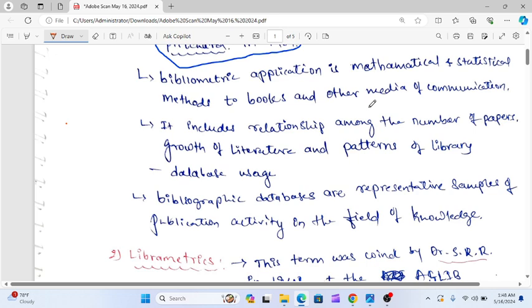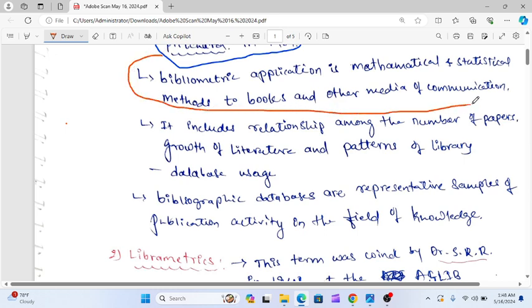Many library professionals are publishing bibliometric analysis studies, analyzing their institution's publications, author productivity, citations, journal factors, growth of journals, and Web of Science. This is quantitative measurement.